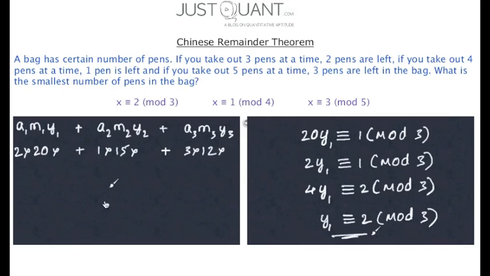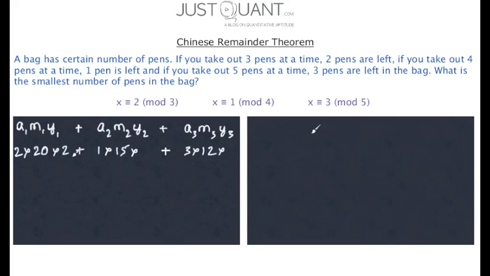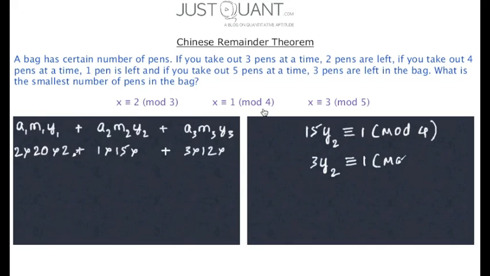Hence, substituting the value of y1 equal to 2 in our expression, let's calculate the value of y2. y2 is obtained by using the congruence m2y2 is congruent to 1 mod 4. That is, 15y2 is congruent to 1 mod 4. Now 15 gives us a remainder 3 when divided by 4. Hence we have 3y2 is congruent to 1 mod 4.